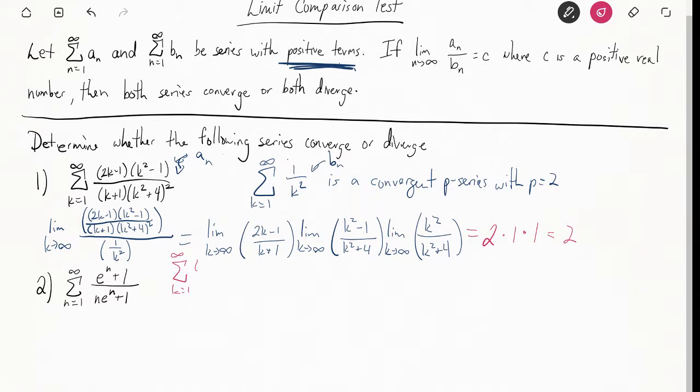Oh, I have to write out all of that again. 2k minus 1, k squared minus 1, all over k plus 1, k squared plus 4, the quantity squared, converges by the limit comparison test. Okay. Questions on that one?